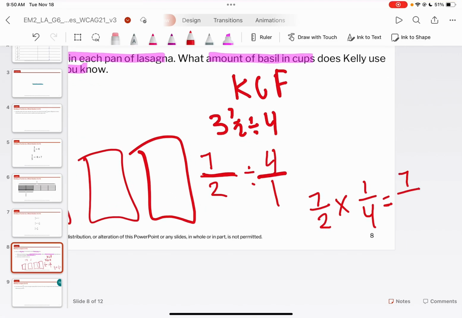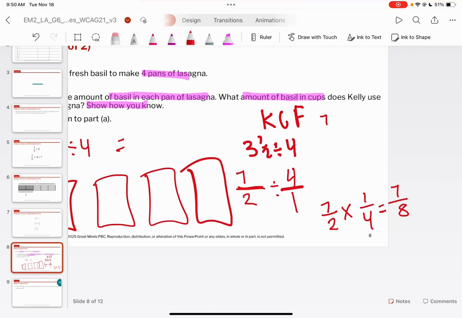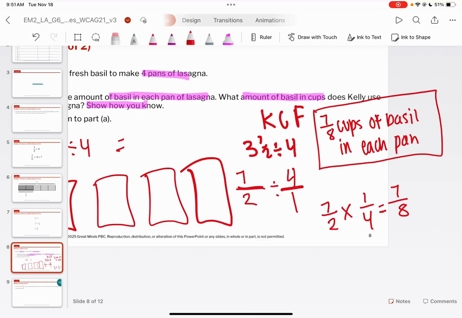And 2 times 4 is? So I know that there are 7/8 cups of basil in each pan. Any questions about this?